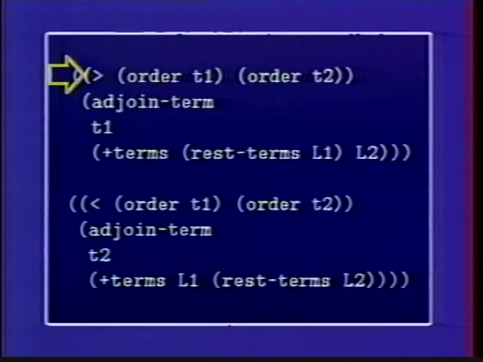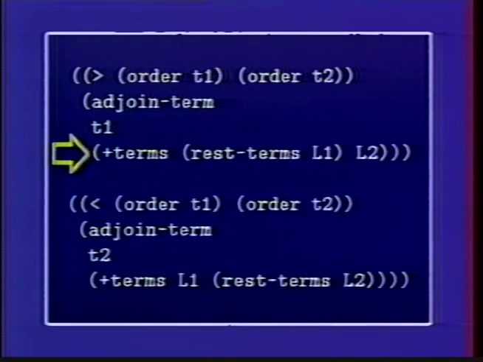If the order of T1 is greater than the order of T2, then our answer is going to start with this term of the order of T1, because it won't combine with any lower order terms. So what we do is add the lower order terms.